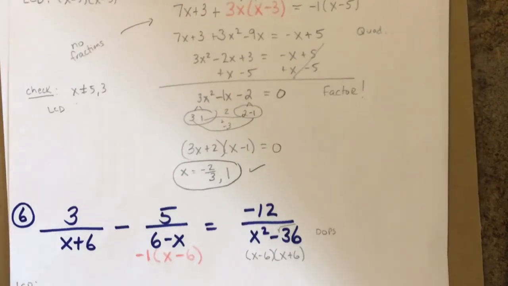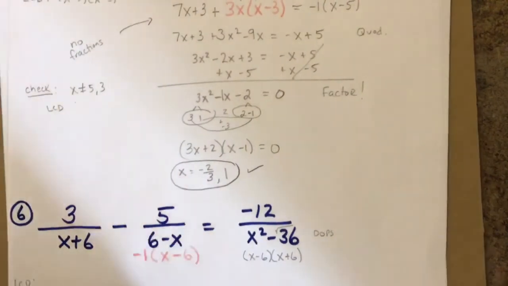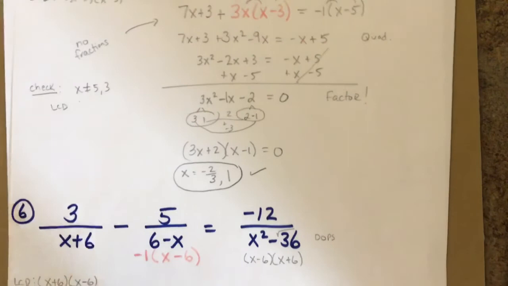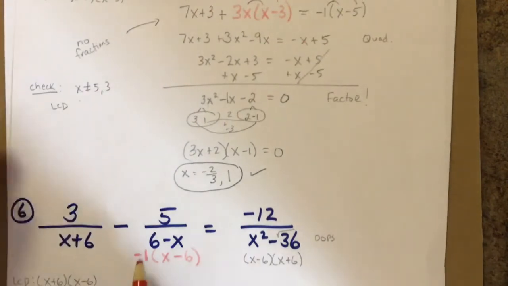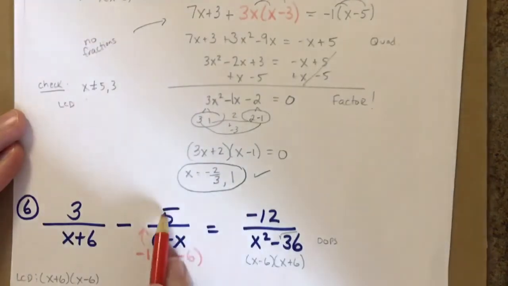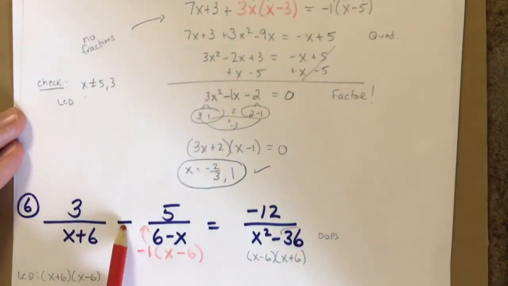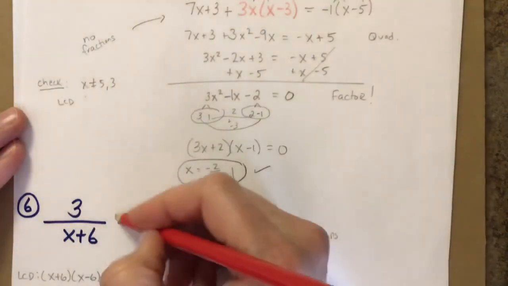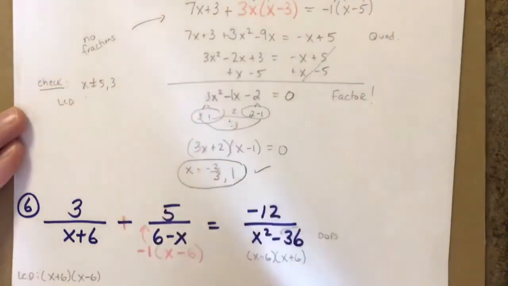Now, I'll have an LCD x plus 6, x minus 6. And I don't want to include that negative 1. I'm going to give that negative up to the numerator. And this, it was a negative 5, will now become a positive 5 when I put it up there.